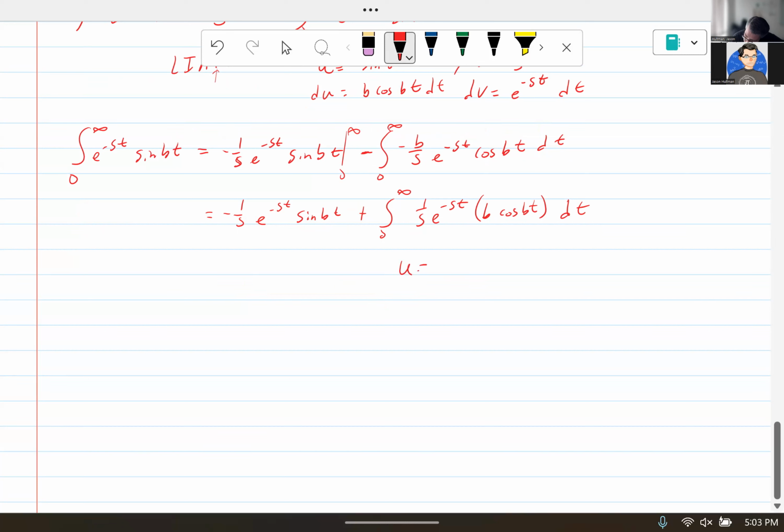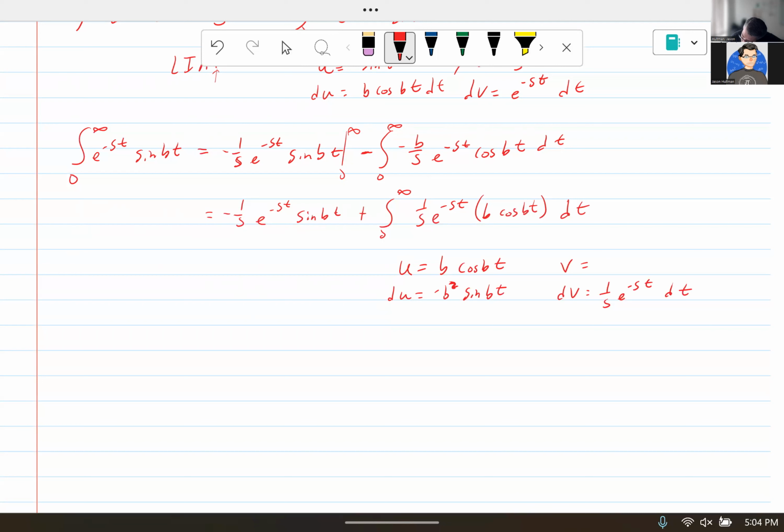So let's do another integration by parts. U is equal to b cosine bt. Du is equal to negative b squared sine bt. dv is equal to 1 over s e to the negative st dt.